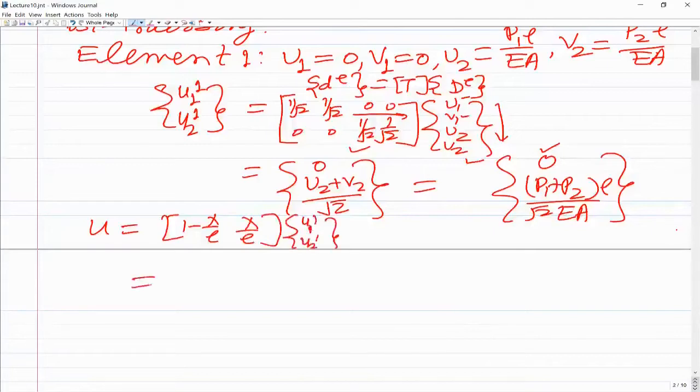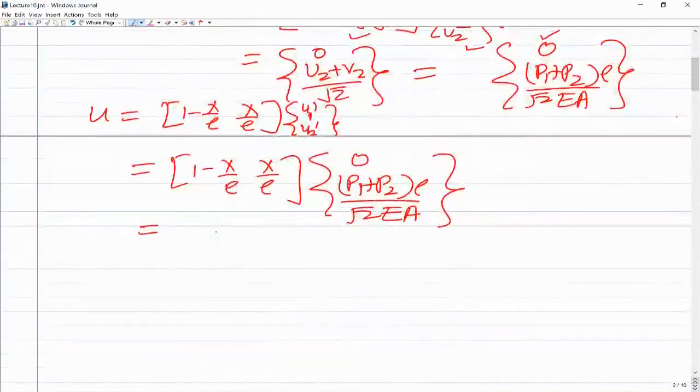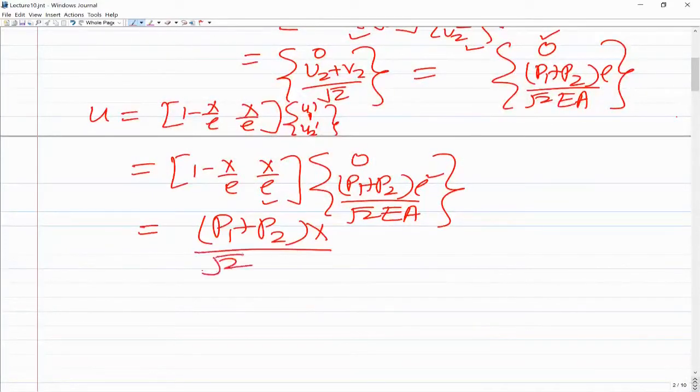Now if you put the values, u11 is already 0 as we have got over here, and u21 is (p1 plus p2) into l upon root 2 into EA. So if you multiply, this will be simply (p1 plus p2) into x, because this L and this L will cancel and x will come over there, divided by root 2 into EA. So this is what you get as the displacement.